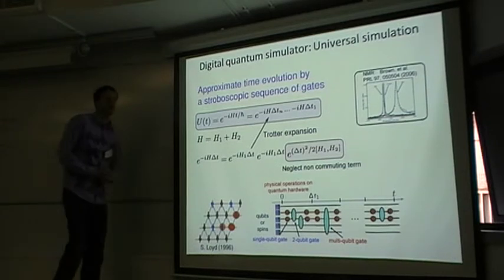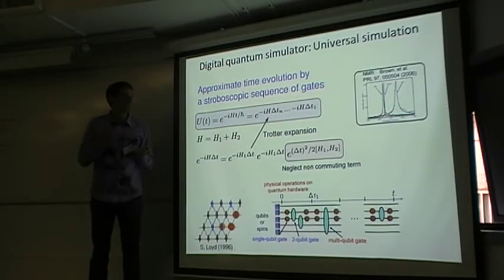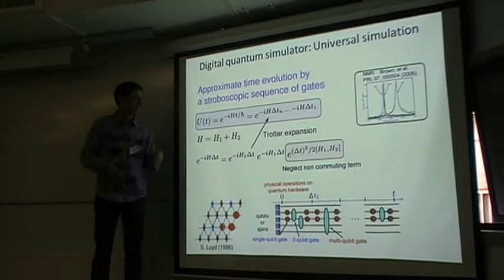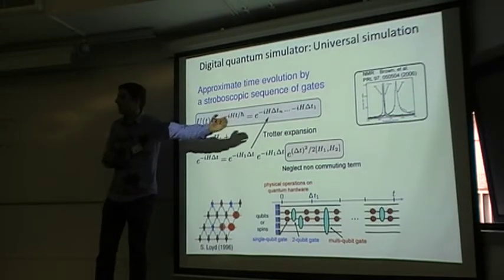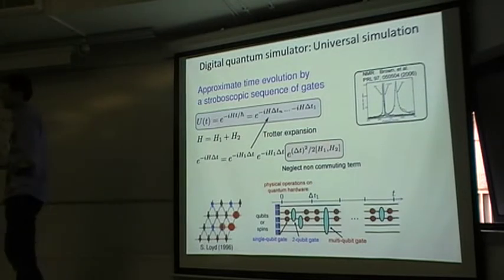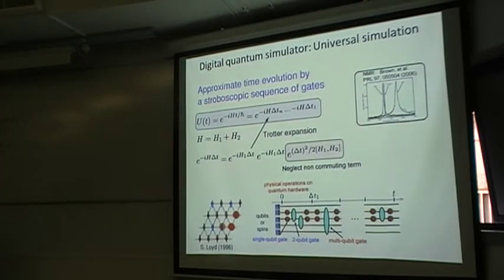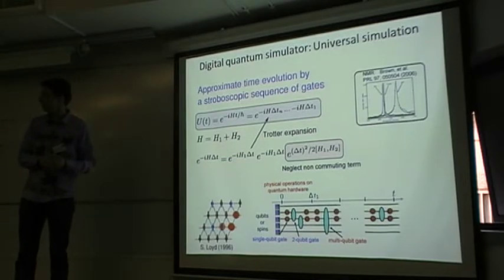Okay, what we can do is, of course, operate our quantum gates. And this is different to what has been done before. All the others have actually done analog quantum simulation. So they use a Hamilton operator that is similar to the one that they want to simulate.